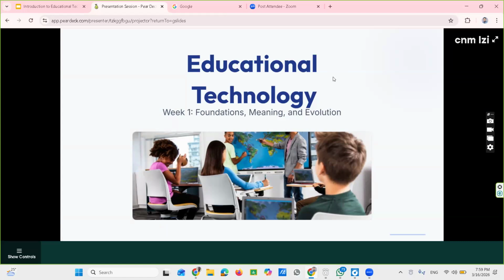Therefore, the same concept applies to technology also. If you are using technology in the classroom, PowerPoint or smart board, anything, or the currently very popular artificial intelligence, AI technology, whatever technology you are using in your teaching and learning process, it should support improving your students' higher order thinking skills. It is the responsibility of the teacher.